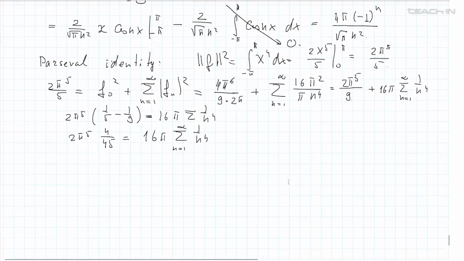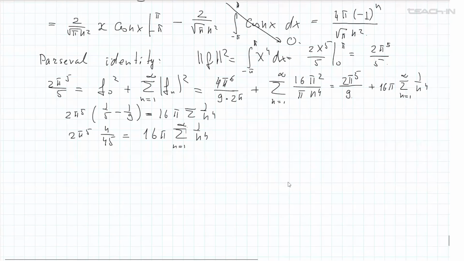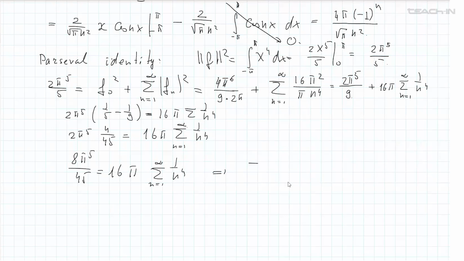And finally, what we have here, we have 8 pi over 45 equals 16 pi and our sum. Is it clear?